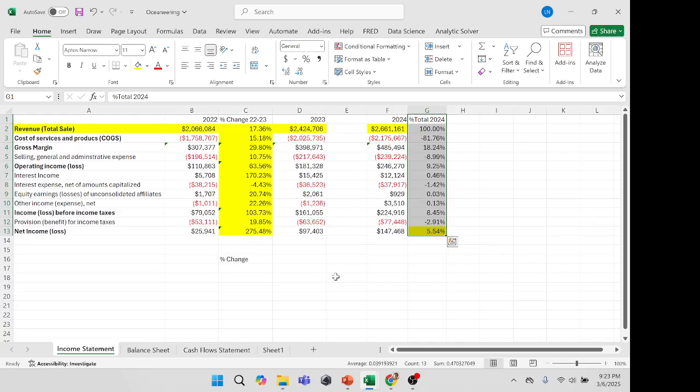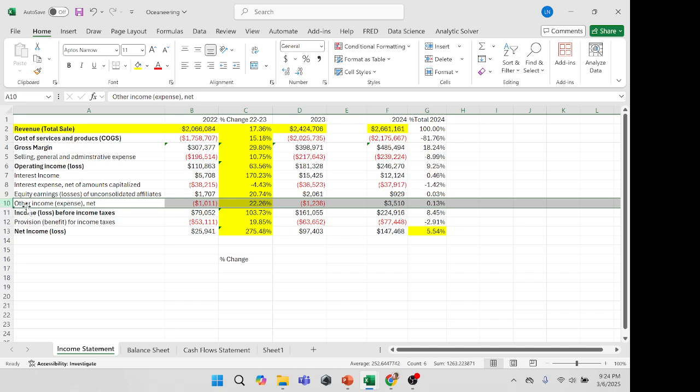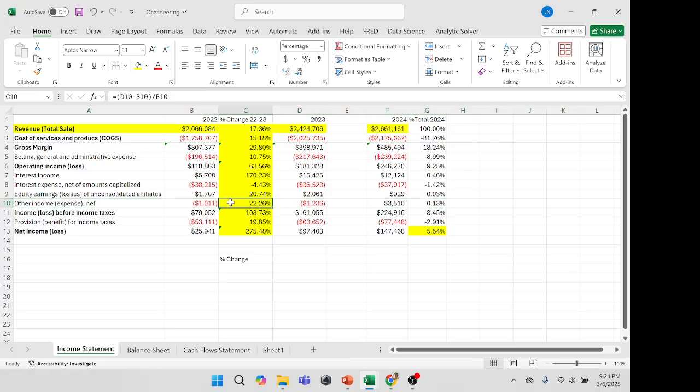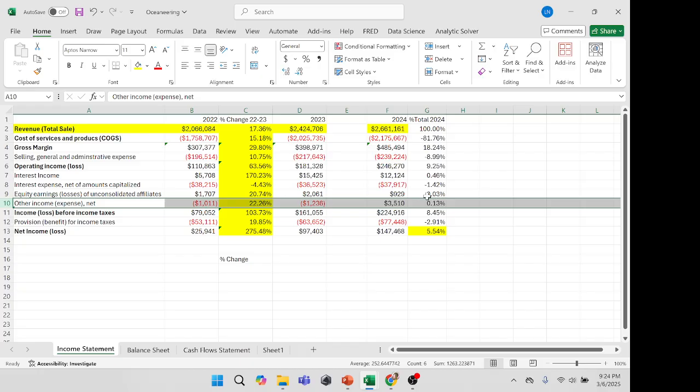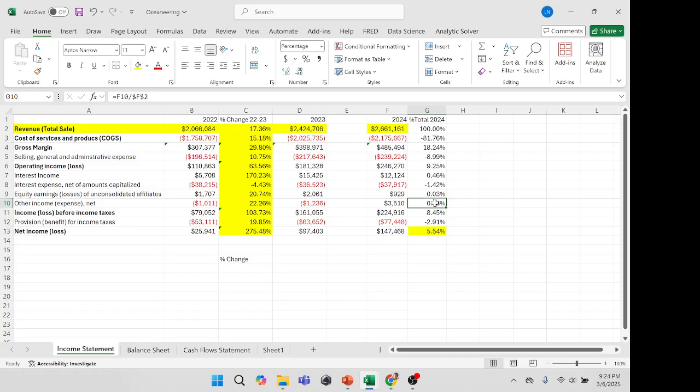Once again, one last tip I want to give you guys: let's say right here, this other income expense, even though it's increasing by 22%, do you see that as a percentage of total, other income or expense only contributes 0.13% to the total revenue?